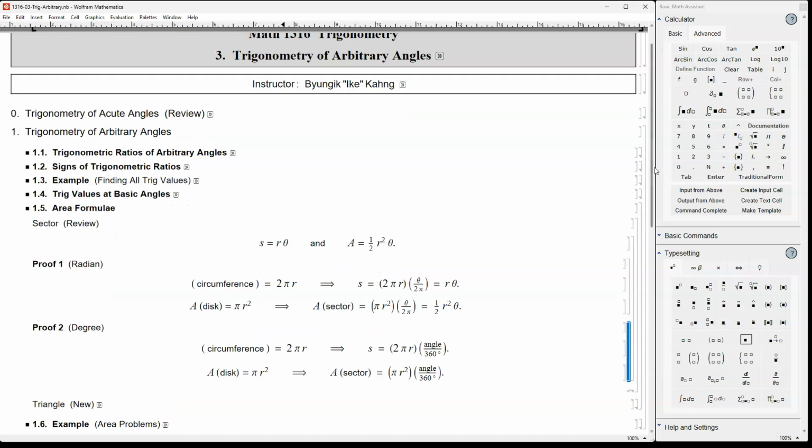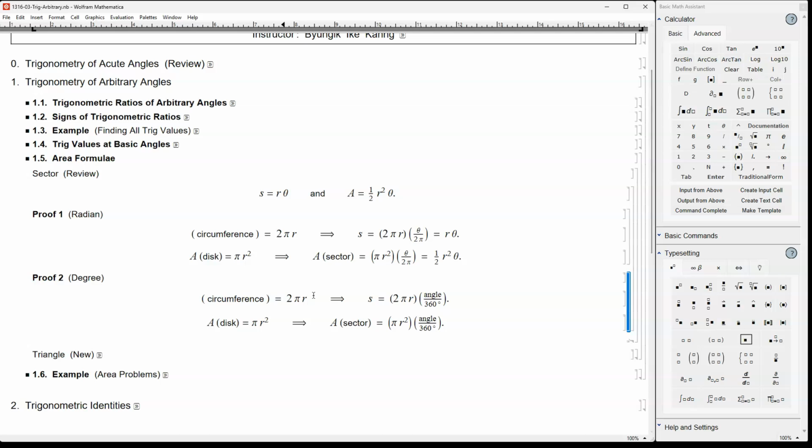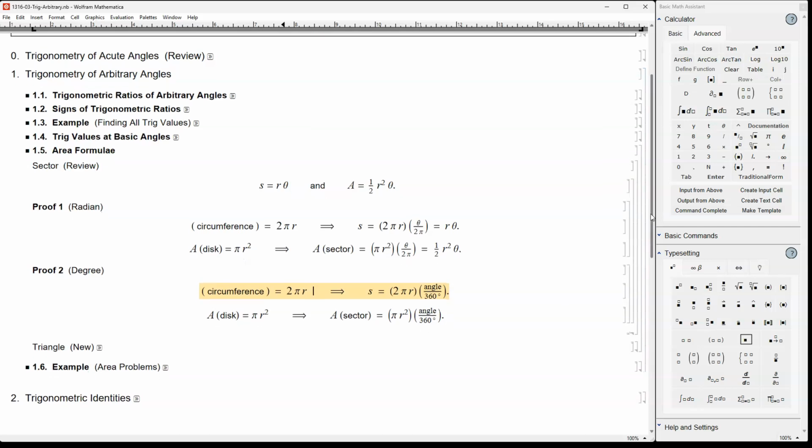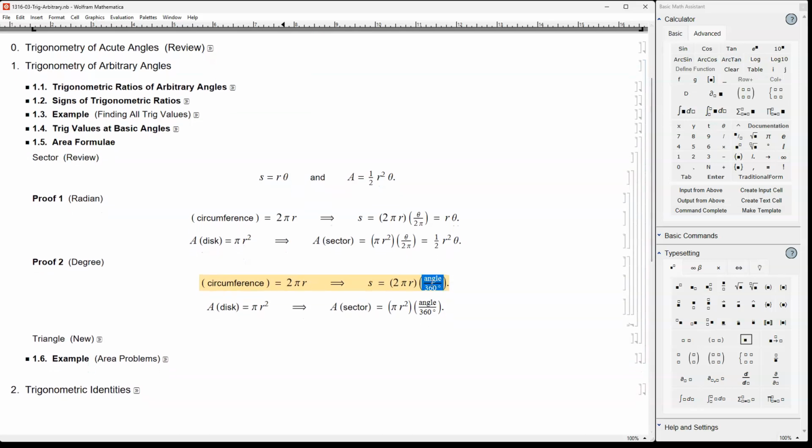Let's see, how about the circumference? 2 pi r the same. And then what proportion do I have to multiply? My degree angle out of total 360 degrees. That's the ratio now. Previously theta over 2 pi. Now degree angle over 360 degrees. Same for the area.